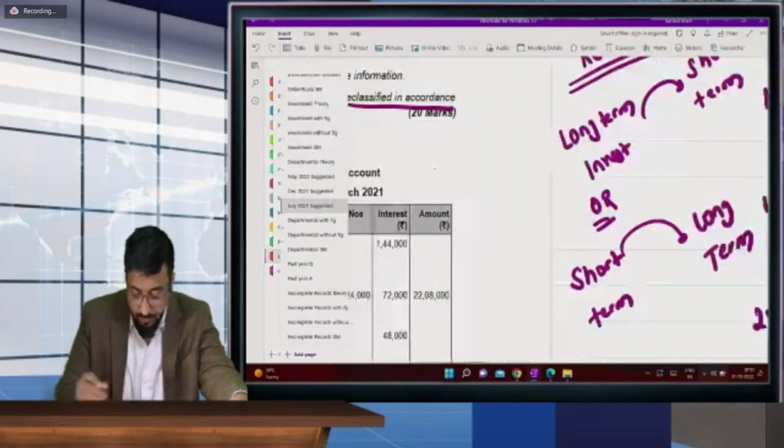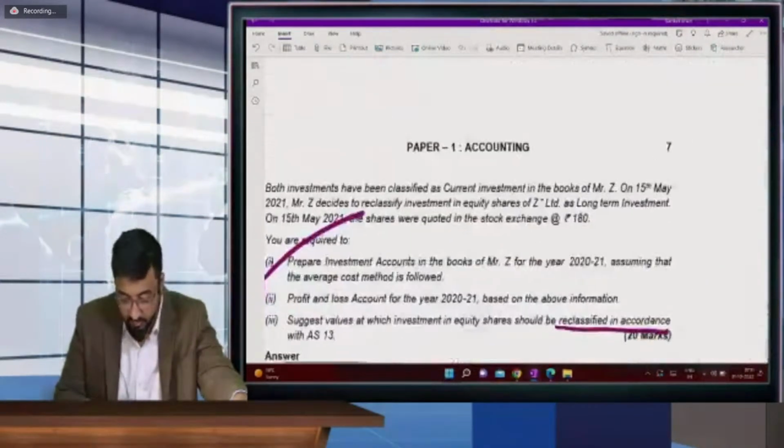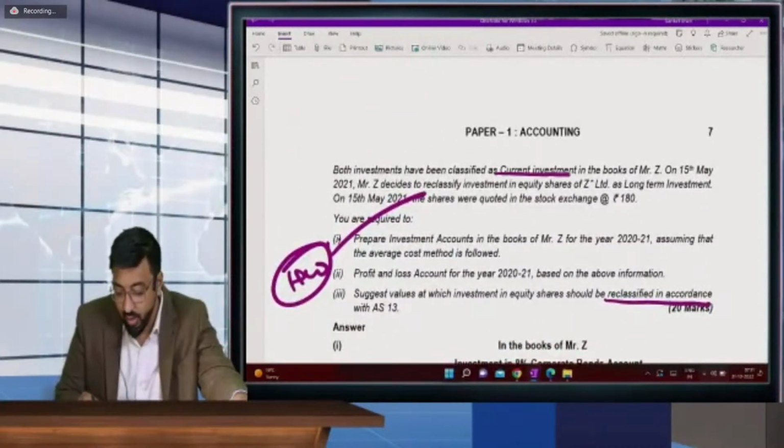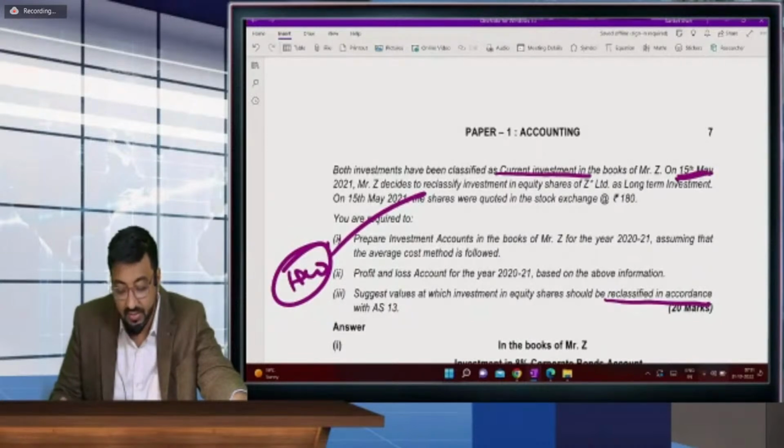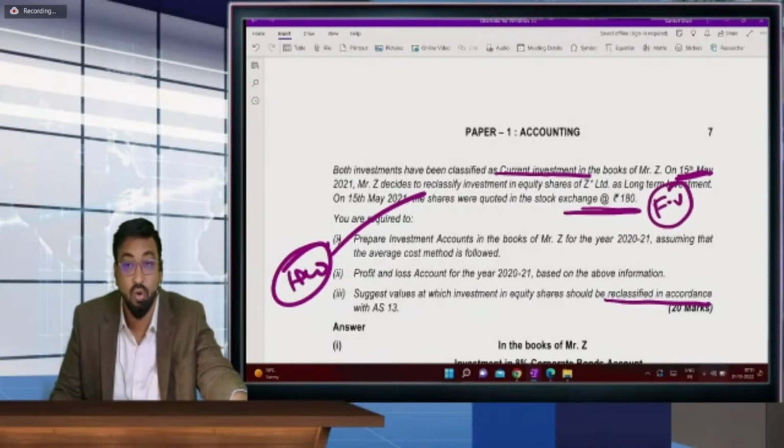Now what is asked in the question? Both investments are recorded at cost as current investment, and on 15th May, they decided to reclassify the investment in equity shares, and the market price on 15th May is given. So this is called fair value. So fair value or cost, whichever is lower.